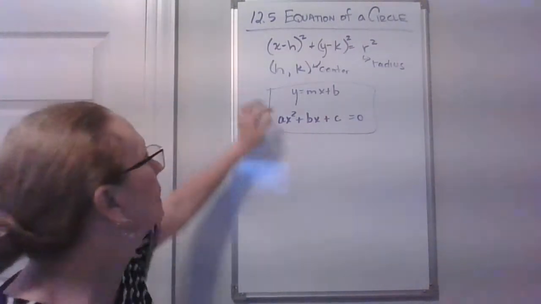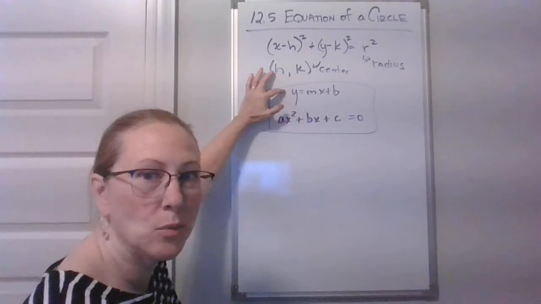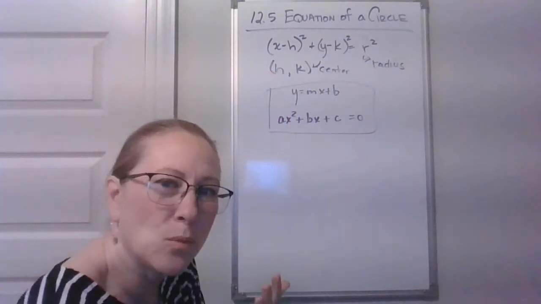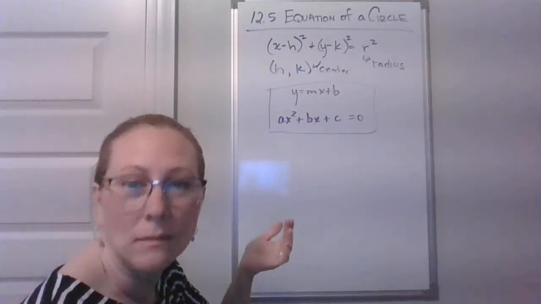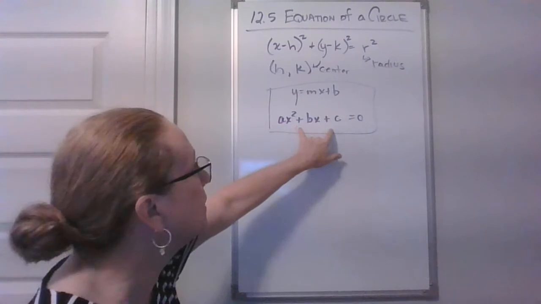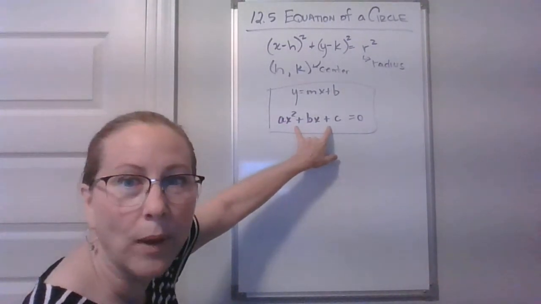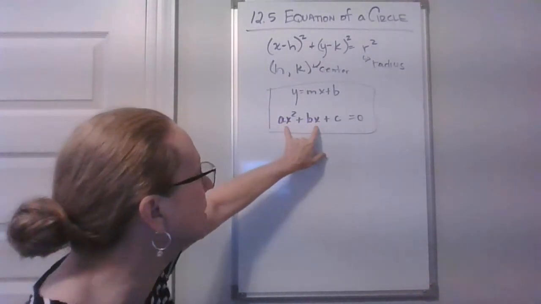Now, here are two equations that you're more familiar with. The first one being a linear equation. And remember, when we plug into a linear equation, x and y do not get replaced, not unless we're evaluating it. So x and y stay, and we put in the slope and the intercept. Same thing here. This is a quadratic equation that creates a parabola, and we replace a, b, and c, but the x does not.